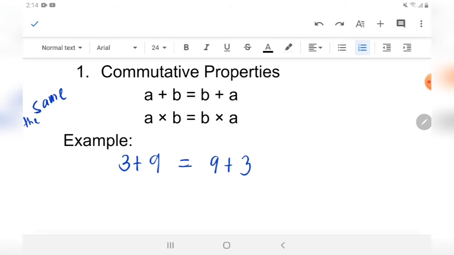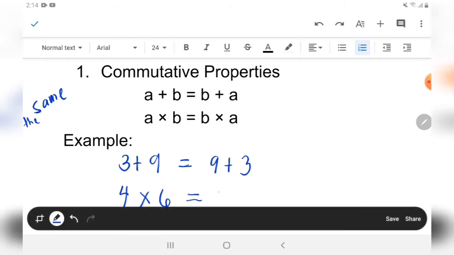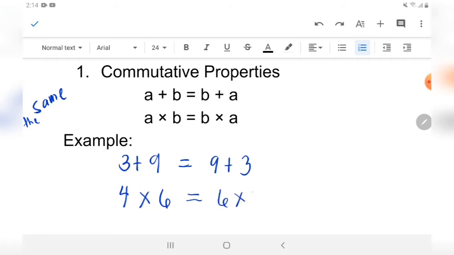Or for example, 4 times 6 is the same as 6 times 4.